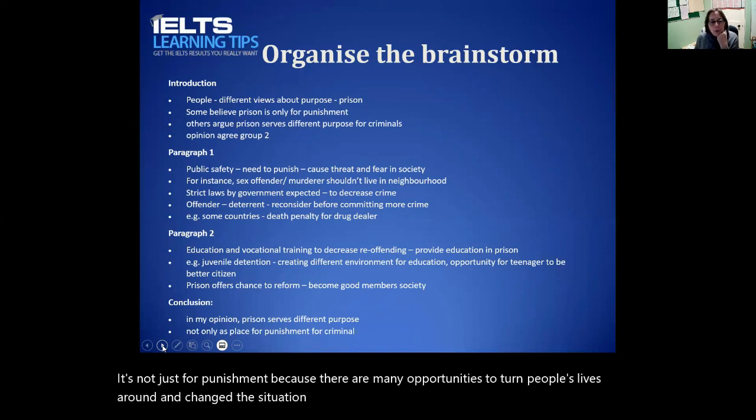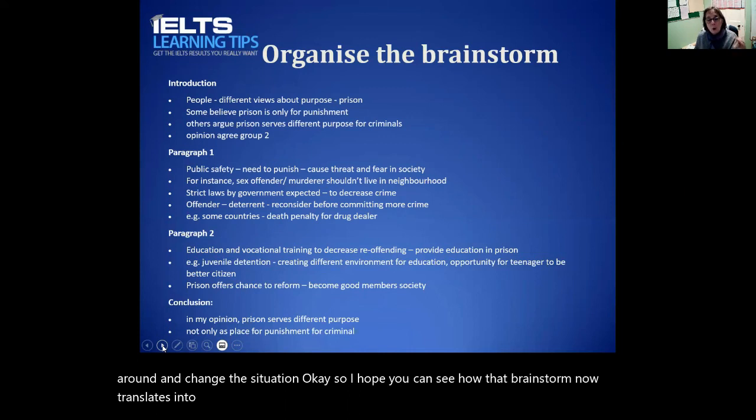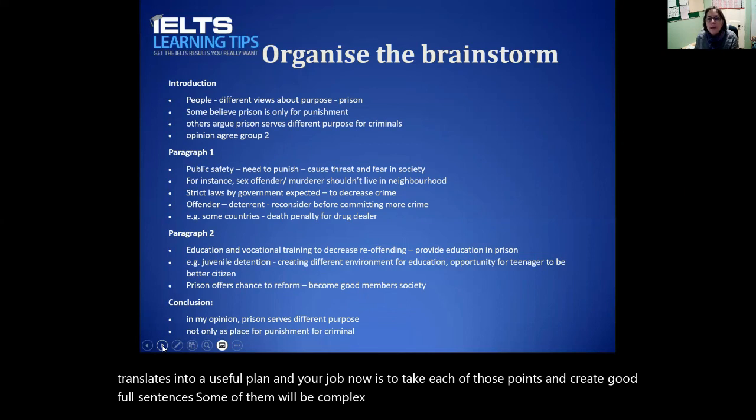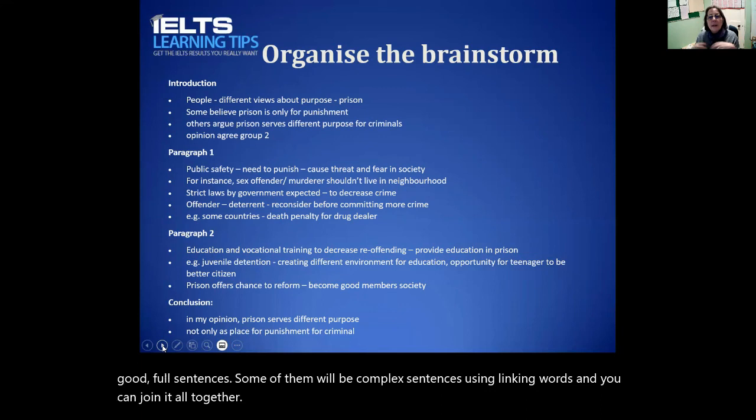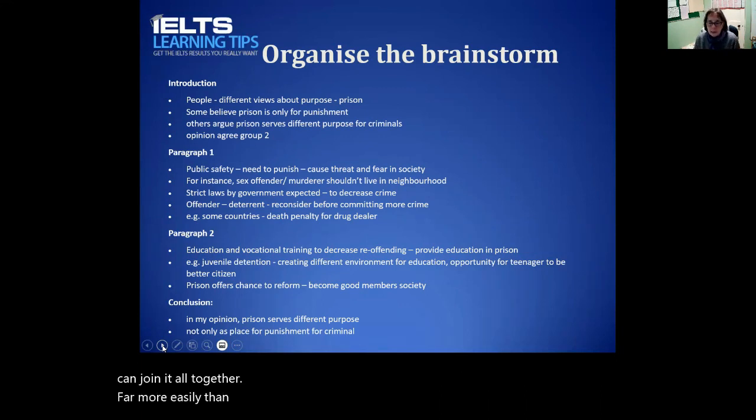Okay, so I hope you can see how that brainstorm now translates into a useful plan. And your job now is to take each of those points and create good full sentences. Some of them will be complex sentences using linking words, and you can join it all together far more easily than from the list of just ideas.